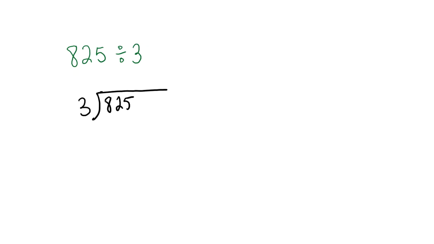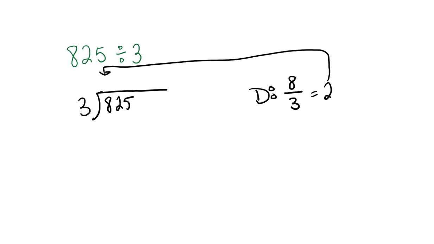So you're really dividing it. So we divide 8 by 3, and we know it goes in twice. Now we know there's a remainder, but we'll talk about that in a second. But 3 goes into 8 2 times. And what we do is we put that 2 up on the top right here.